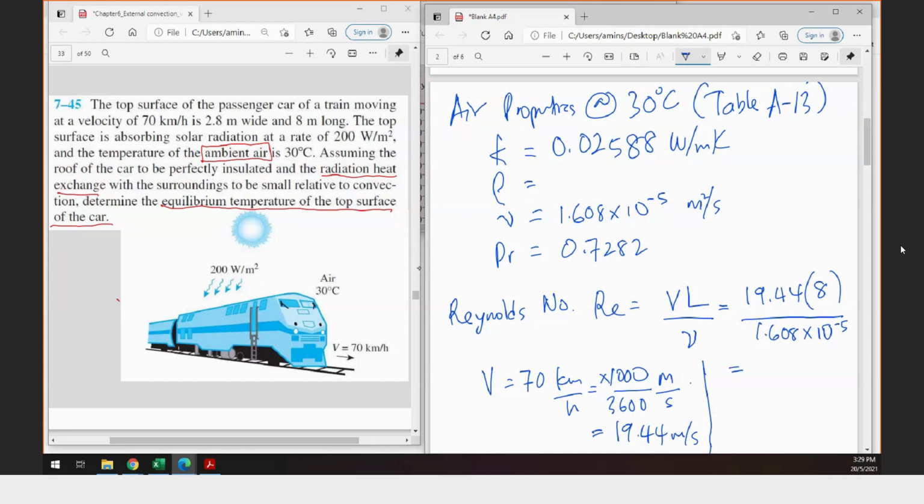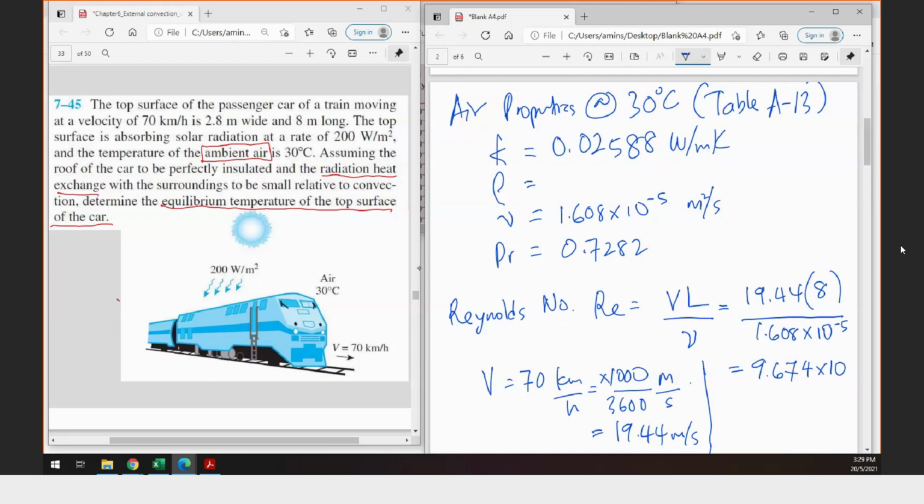How much is your Reynolds number? 9.674 times 10 to the power of 6.